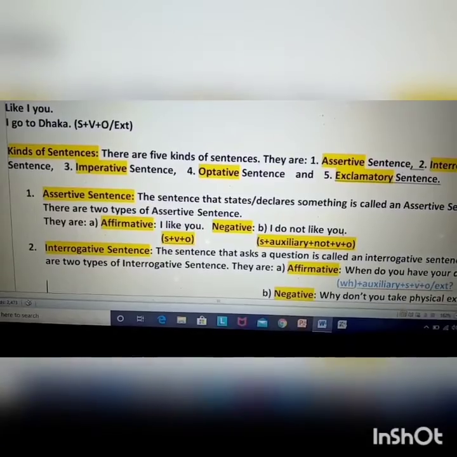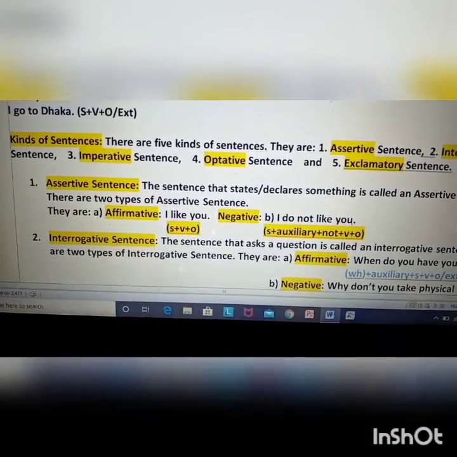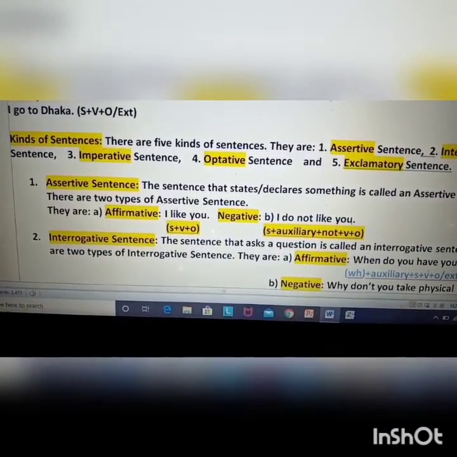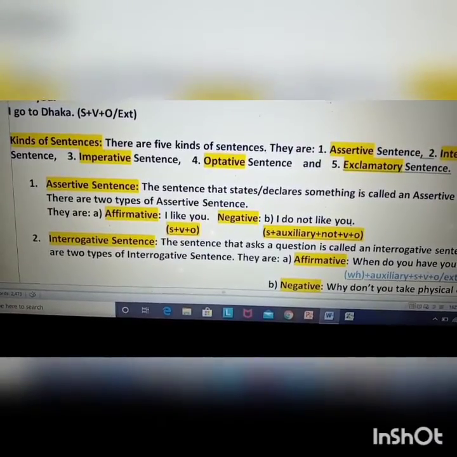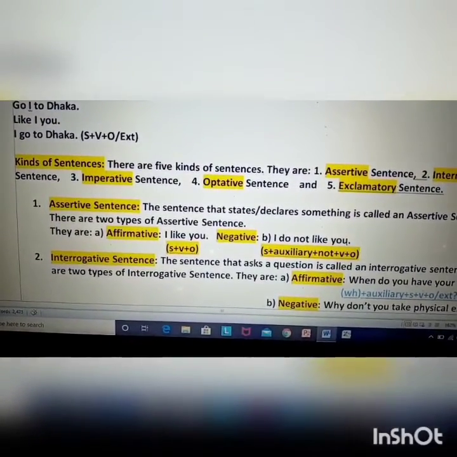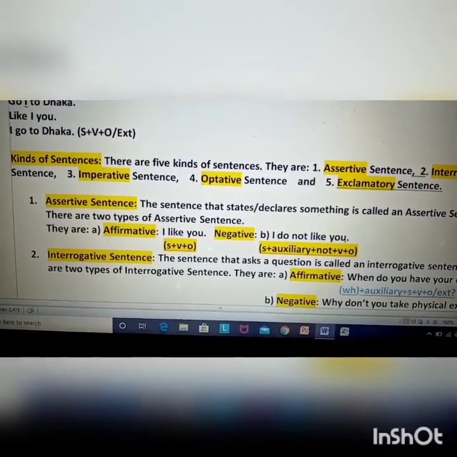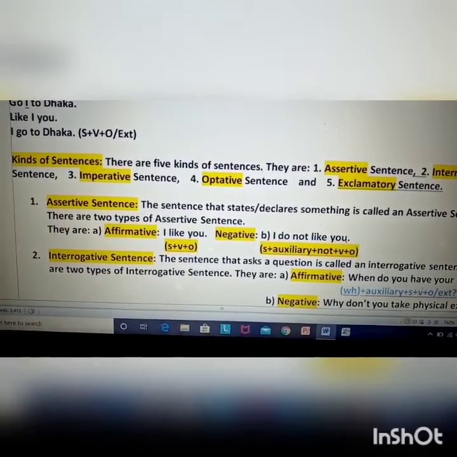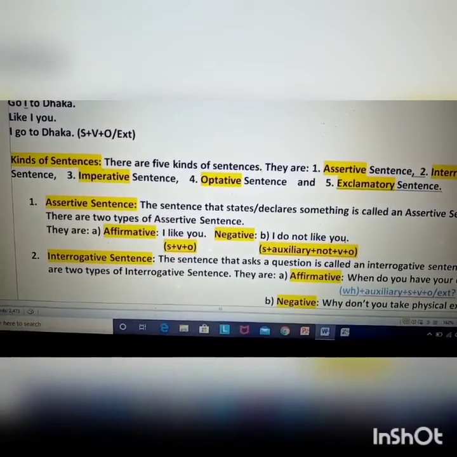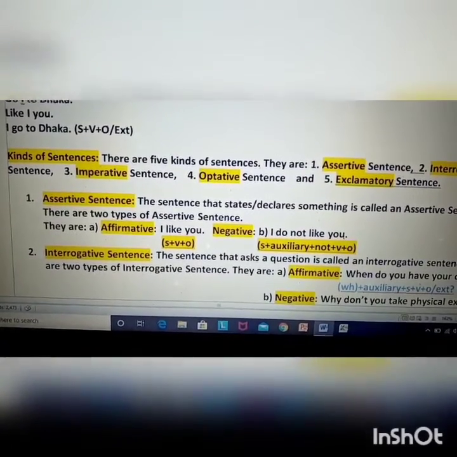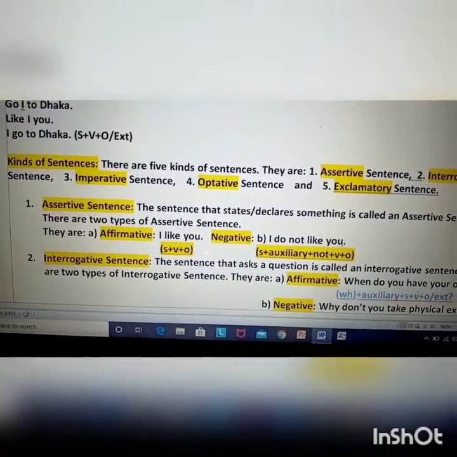That's why it is not a sentence at all. "I go to Dhaka." So it makes sense. That means Ami Dhakaye jai. As it has a sense, it is a sentence. That means if any sentence has complete sense, it is a sentence.